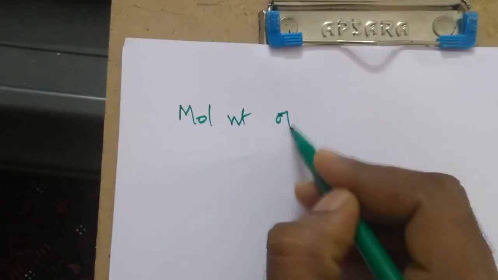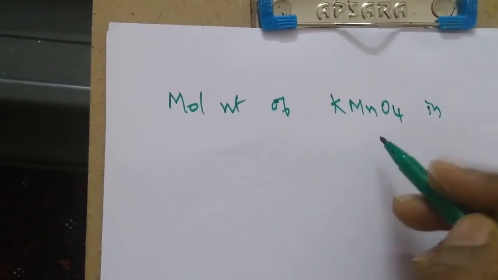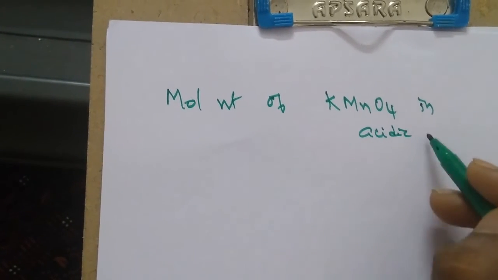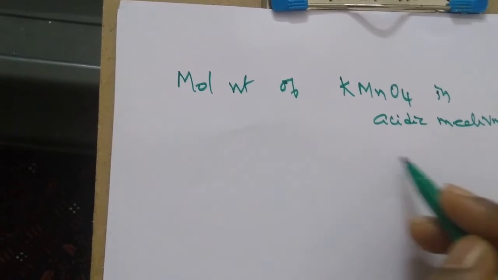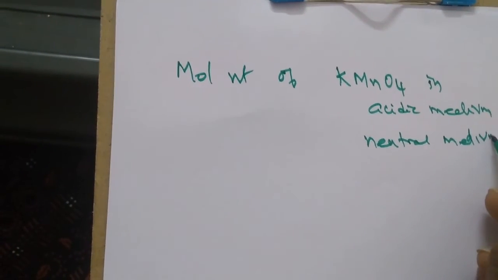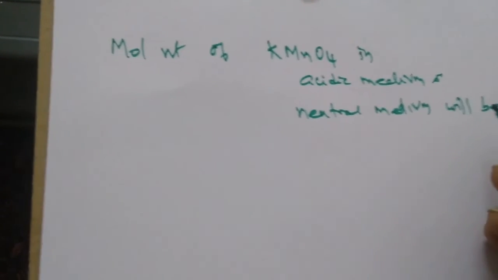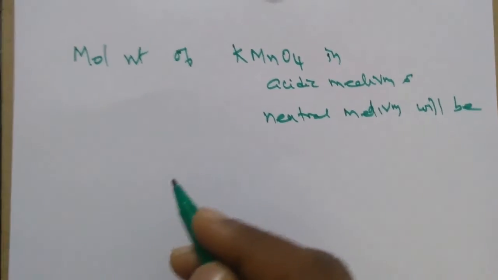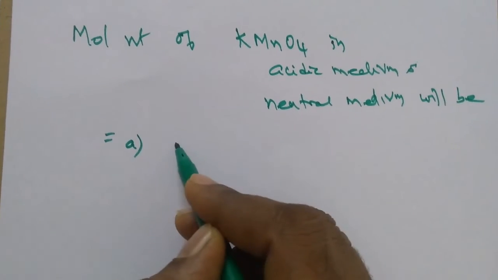This is one of the repeated questions in competitive exams. Molecular weight of KMnO4 as a function of equivalent weight in different medium. So the question is, the molecular weight of potassium permanganate in acidic medium and neutral medium will be. There are 4 multiple choice options given. We have to choose the best.